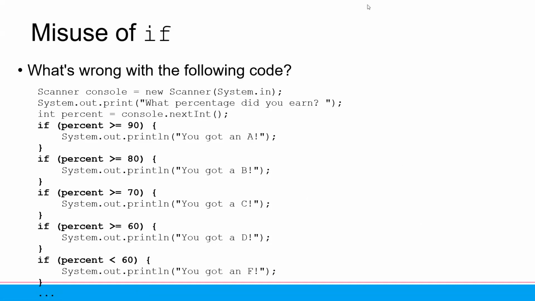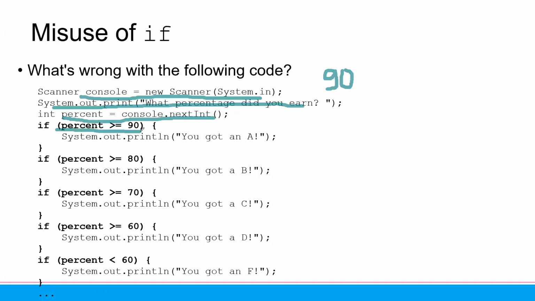So let's see. If I input 90, okay, so this is the scanner, and then I have the prompt, what percentage did you earn, and then it will give you the input function. So you need to input an integer. Let's say I input 90. What happened? It will go here.